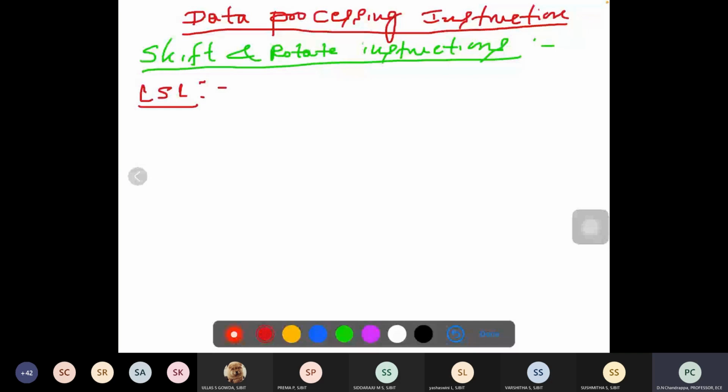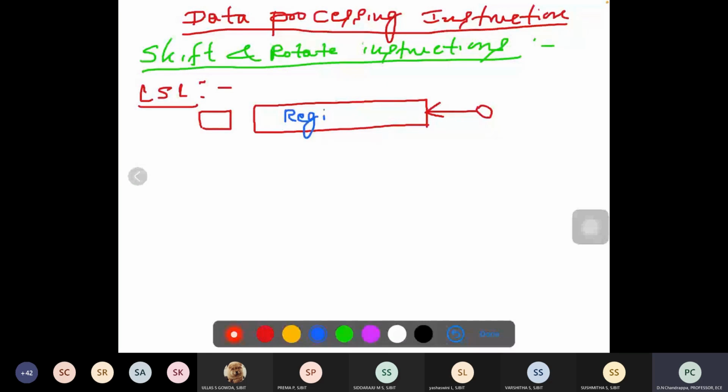Please take down LSL, logical shift left instruction. Please note down the full form. What are these instructions for? The specified number of bits are shifted towards the left, the MSB goes to the carry bit, and the LSB is filled with 0 bits.